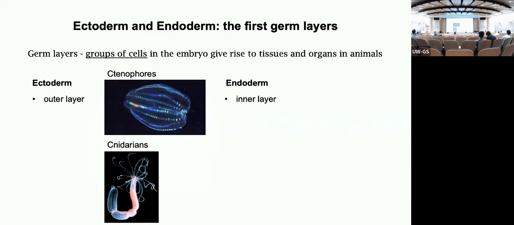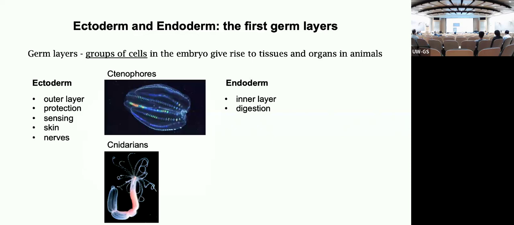These two major groups of cells are called germ layers, and they give rise to all of the tissues and organs of animals. The outer layer is for protection, as well as sensing, and the inner layer is primarily for digestion.